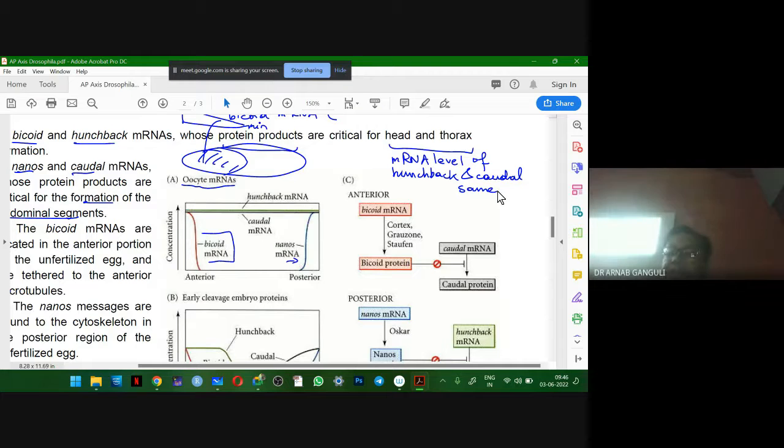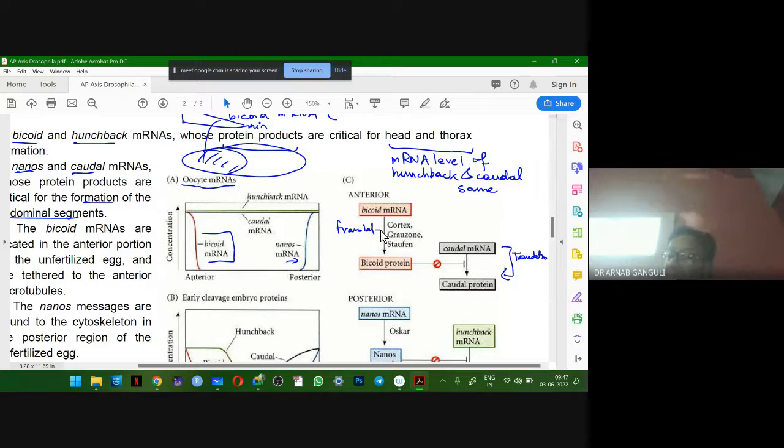Now what happens, this caudal mRNA needs to go through the process of translation. It forms the caudal protein. Now when bicoid mRNA is translated, it forms the bicoid protein. It inhibits the translation of caudal mRNA to caudal protein.